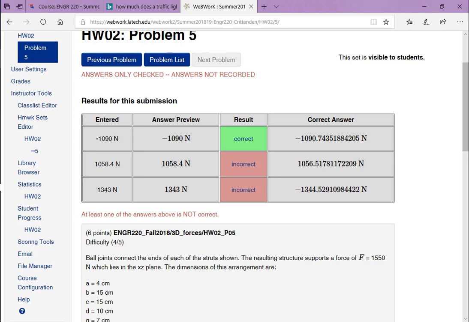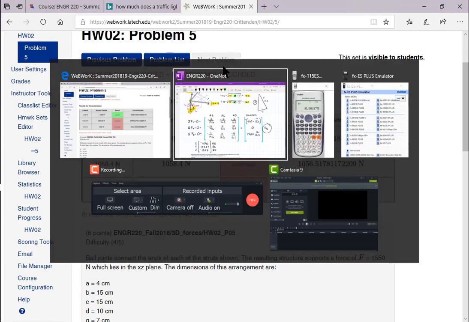If it gives me totally different numbers from what you have, then that's when it's useful if you put equations into the preview. This particular one probably wouldn't give me that much help having your equations in there, but I can at least tell you if it's WebWork or if it's you. Because there's no sense in sitting there for 30 minutes trying to track down the difference between 1056.5 and 1058.4. Those are the same number for what we need, just not for what WebWork wants.